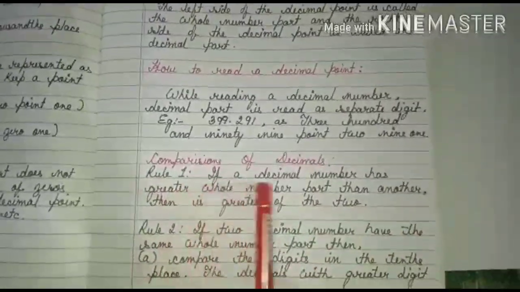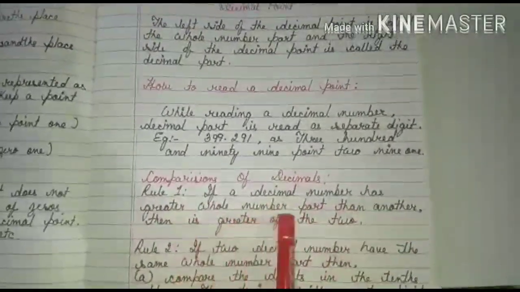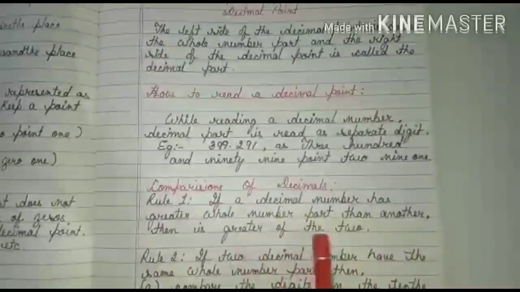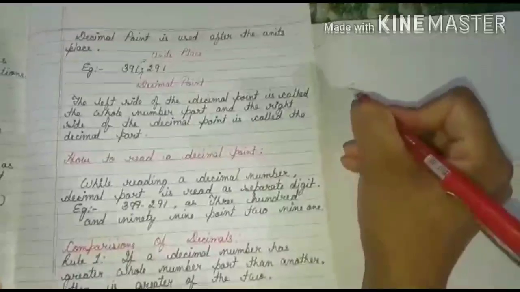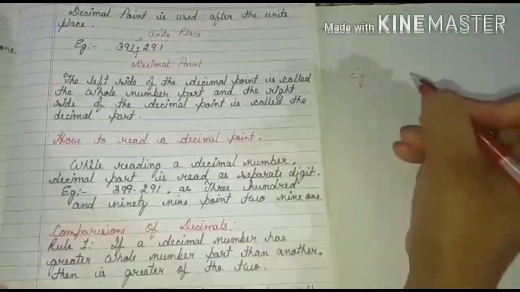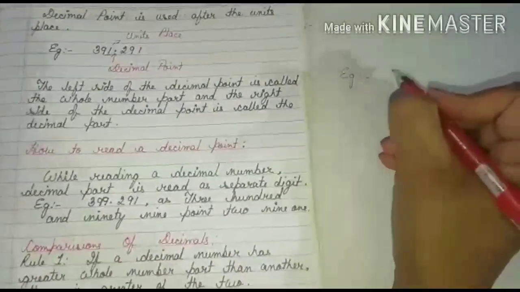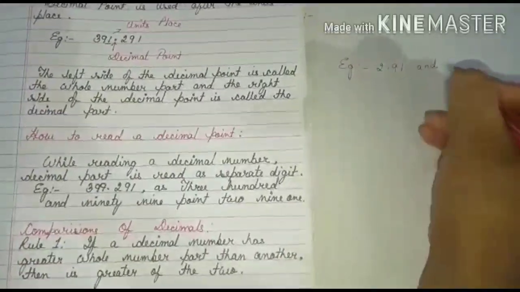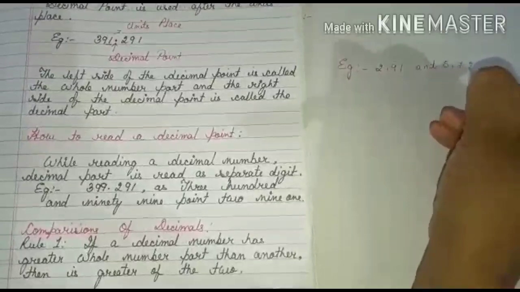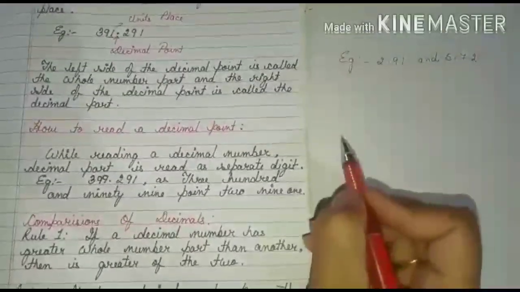Rule 1. If a decimal number has a greater whole number part than another, then it is the greater of the two. Let's see an example. Let's take 2.91 and 5.72 and compare these two decimal numbers.